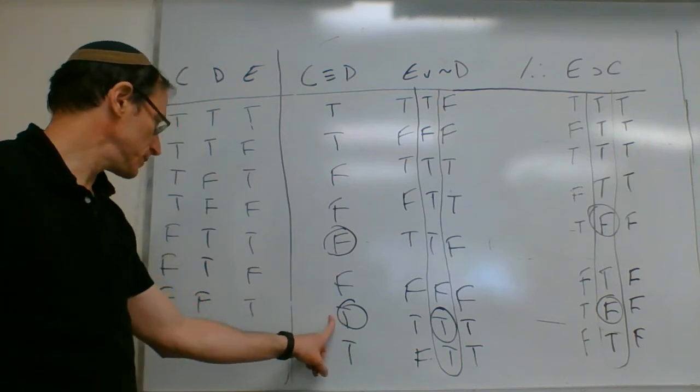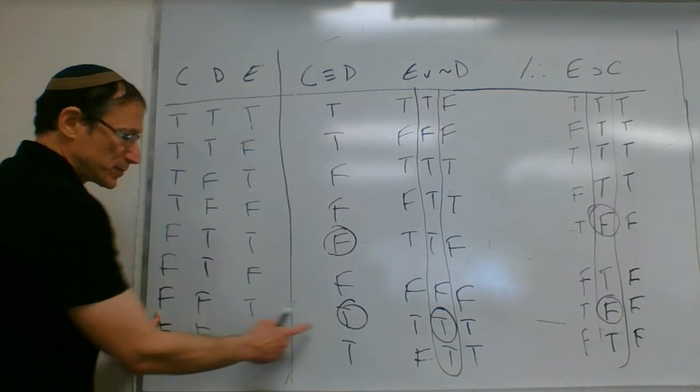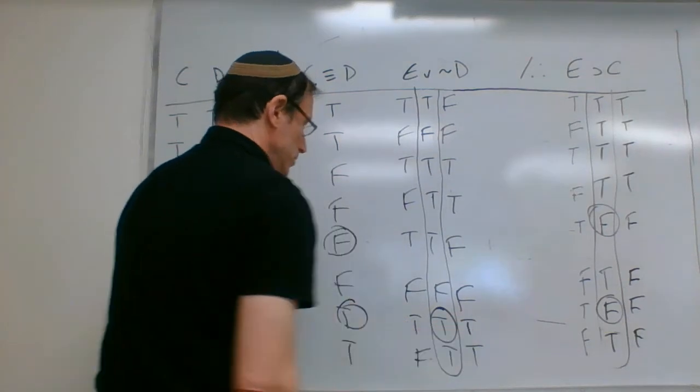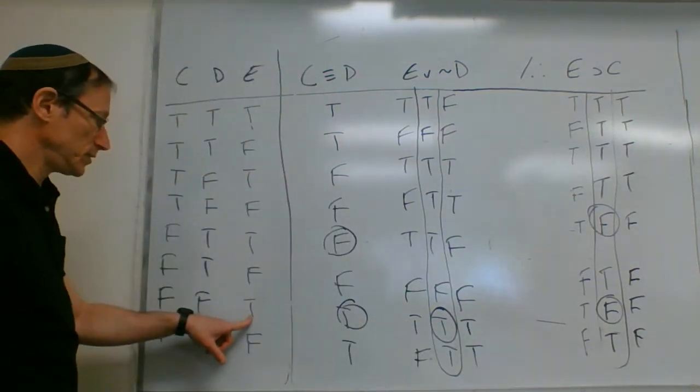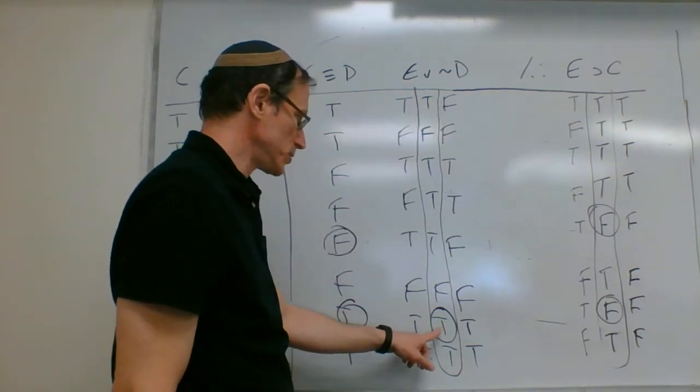On the 7th row, C biconditional came out true. They were both identical, so C biconditional is true. Over here we have E wedge, not D. E is true over there, so the disjunction is going to be true.